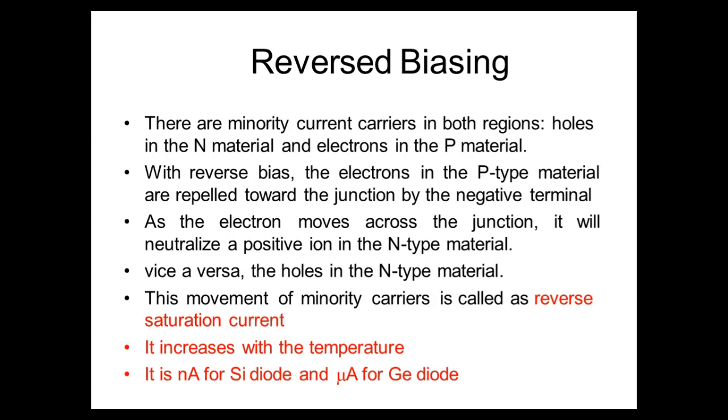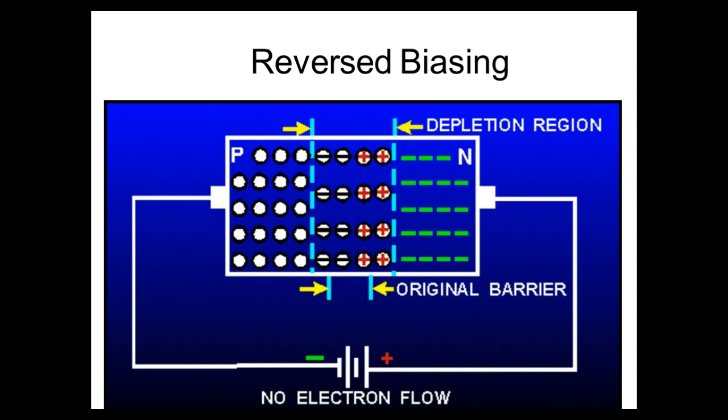So how are these minority charge carriers produced? This is very important. How do these minority charge carriers get increased, let us also see. If the temperature is increased, that is the ambient temperature, then the covalent bonds will get broken. At this time there will be more free electrons as well as free holes.